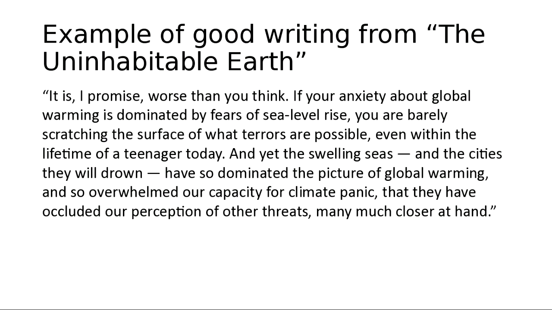And then the third sentence has "and yet the swelling seas," then a dash, and the cities they will drown, and then there's another dash, and the sentence continues. So we see these sentences are being constructed and almost interrupted in different ways. We start off with a short sentence, and then the next two sentences are long and have several clauses inside them. So you see there is a variety in terms of how they are constructed.